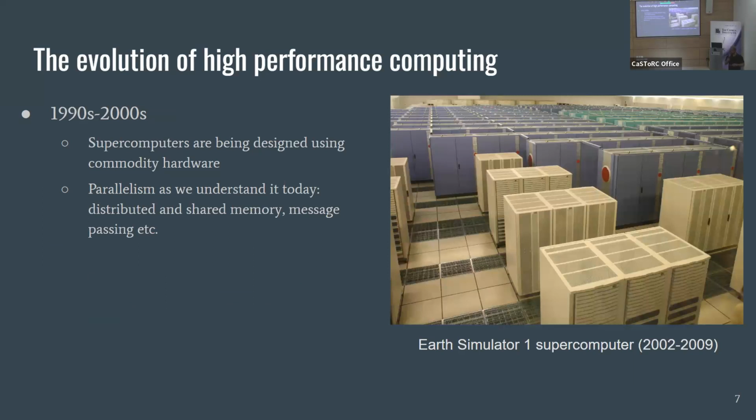Later, in the 1990s and early 2000s, we started to see supercomputers as we understand them today, which is supercomputers designed using commodity hardware. Parallelism has been implemented as we understand it today, with distributed and shared memory, message passing, splitting the jobs into many tasks over many different CPUs.